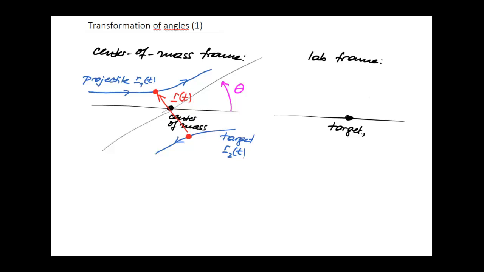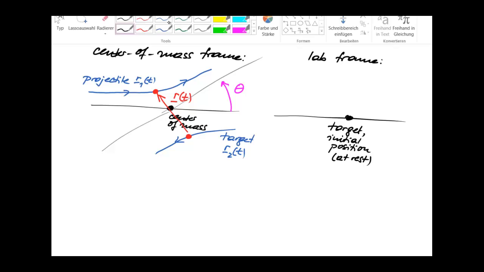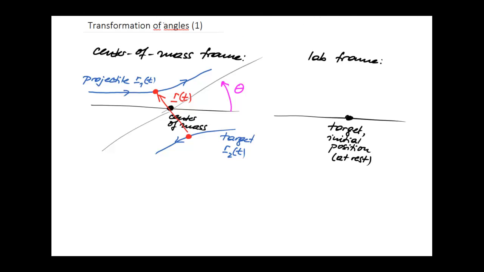And more precisely, it's the initial position of the target. And initially, the target is at rest. Then comes the projectile. It's again scattered off the target.